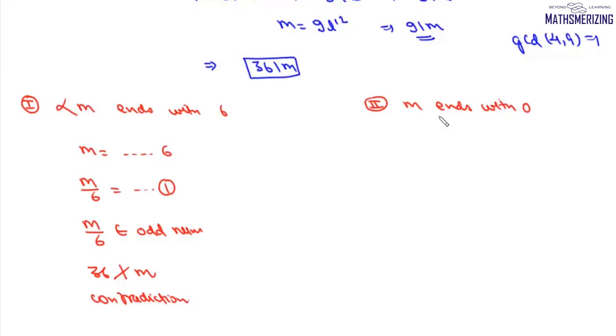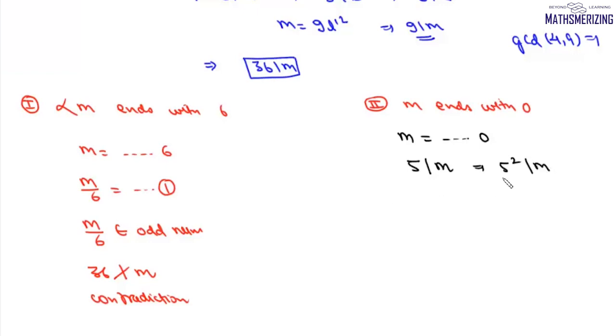Now what if m ends with 0? Now if m ends with 0, that means 5 divides m, and since this m is a perfect square, we can say 5 square divides m.